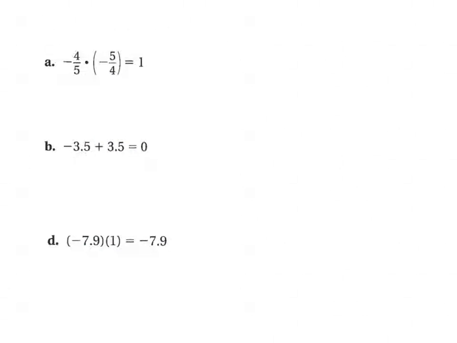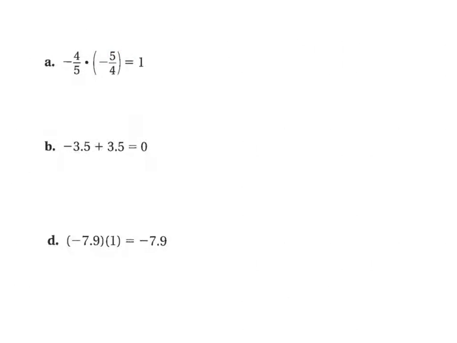Now that we've written down those properties, let's see if we can identify those properties when we see them in a problem. In example A here, I have negative 4/5 times negative 5/4 equals 1. So since I see multiplication, I know it's going to be one of my multiplication properties. And I see a number multiplied by its reciprocal, its multiplicative inverse.